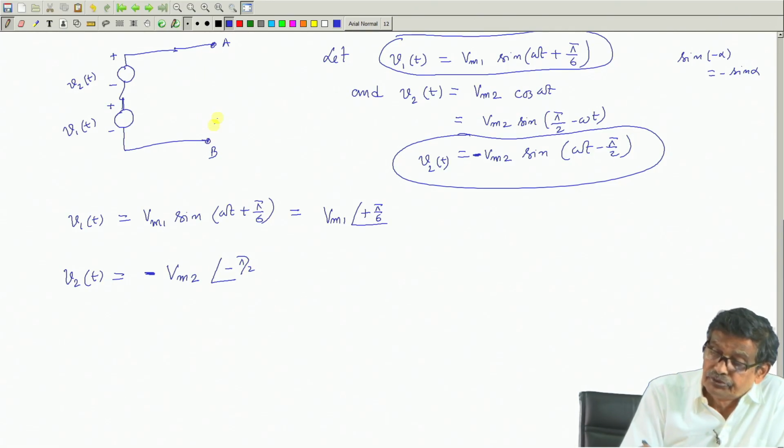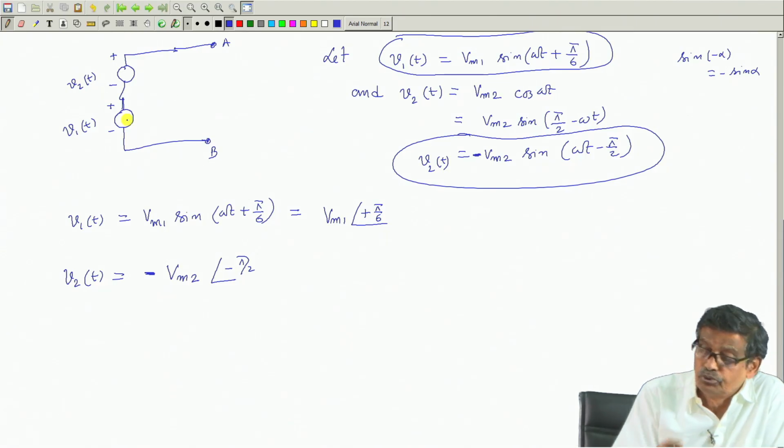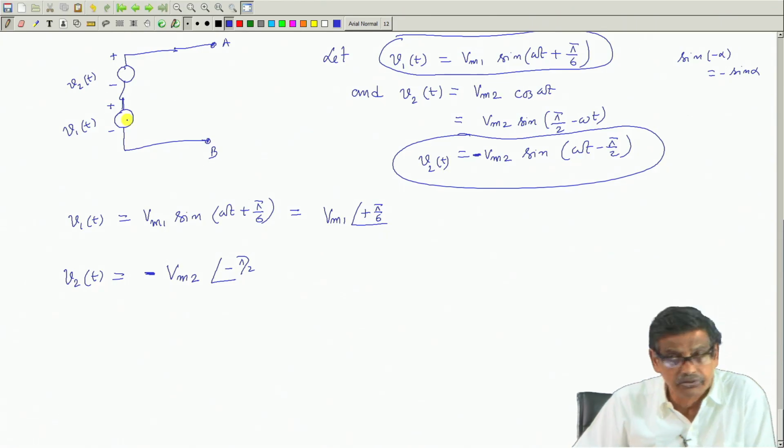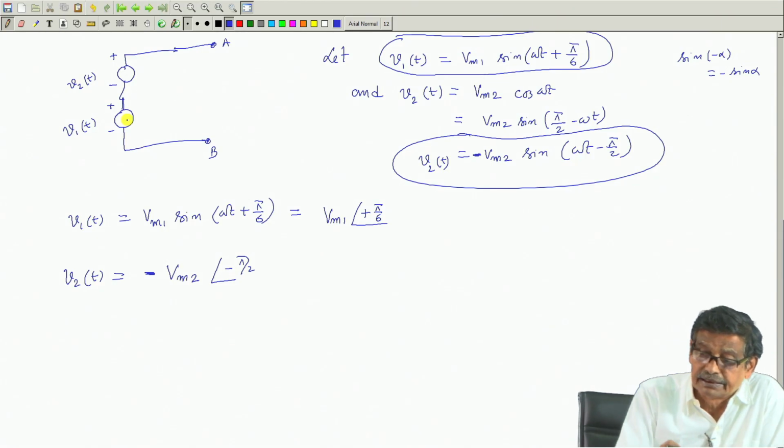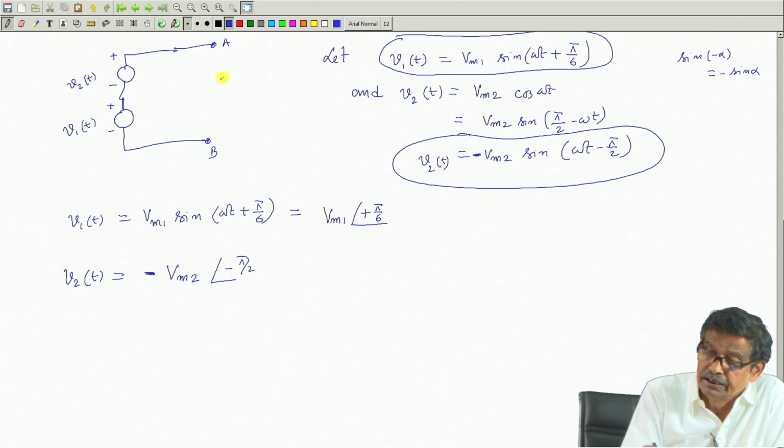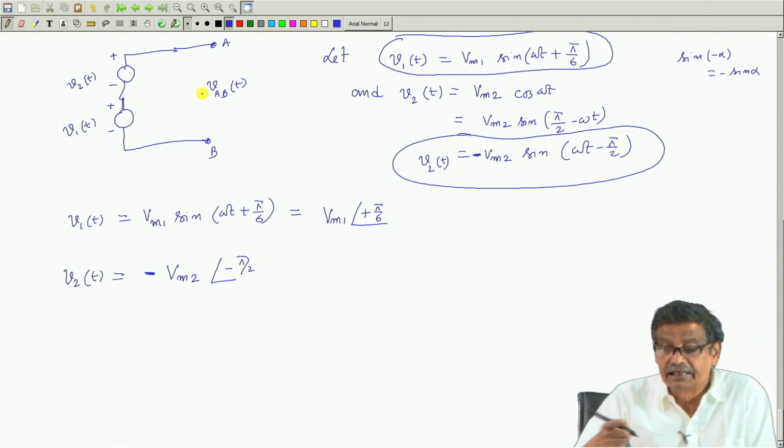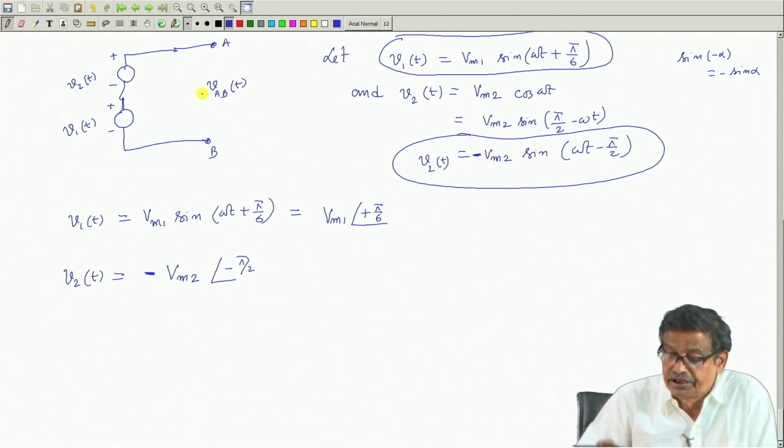Now, what is the problem here? Suppose two sources which are sinusoidal in nature are connected in series with this polarity, and you have been asked to calculate Vab(t). So, I am taking help of phasor notations to calculate it rather easily.